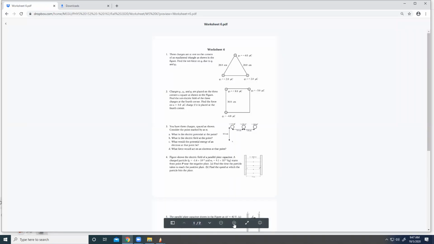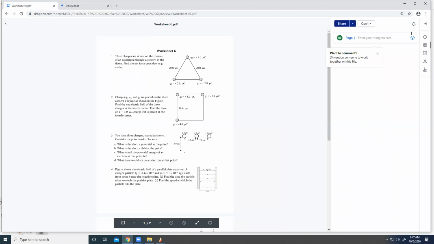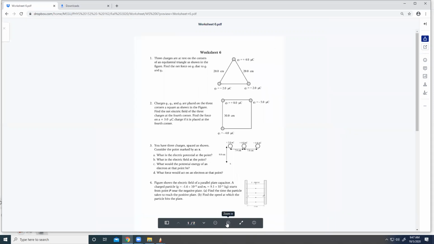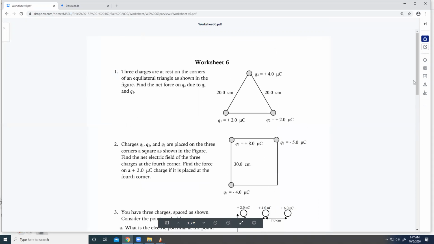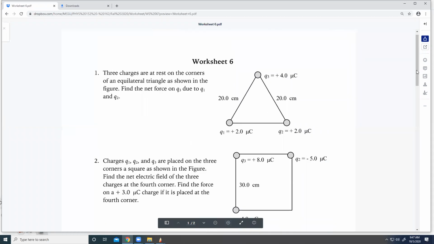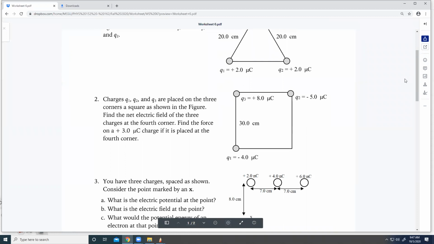So that's the question. So there are 3 charges on the 3 corners of a square, and you need to find the electric field at this corner, the 4th corner.